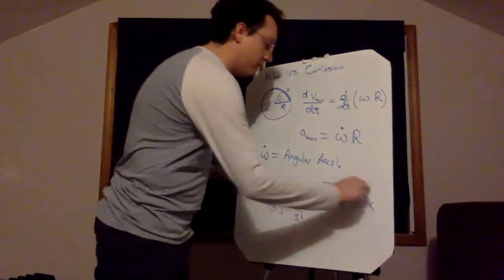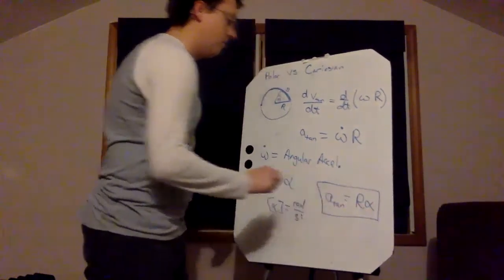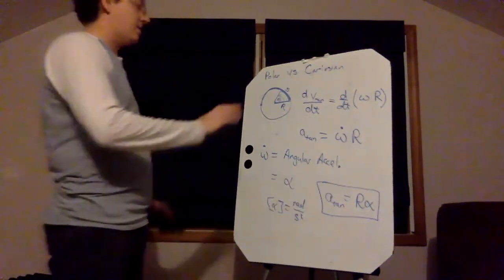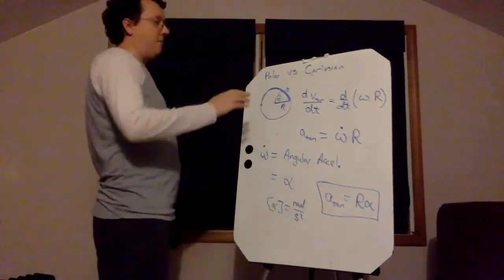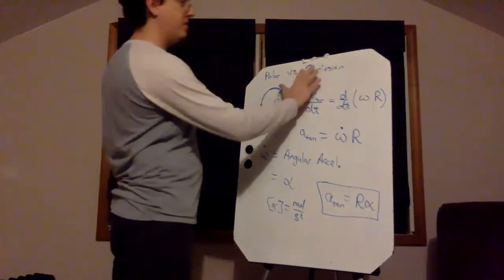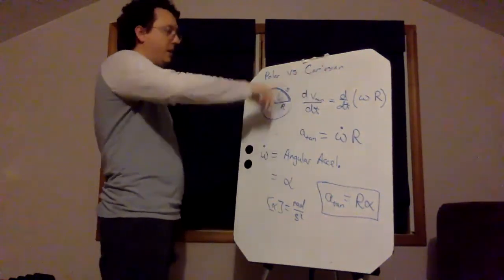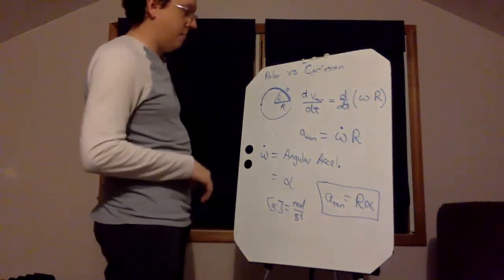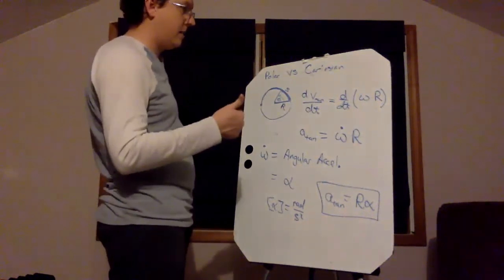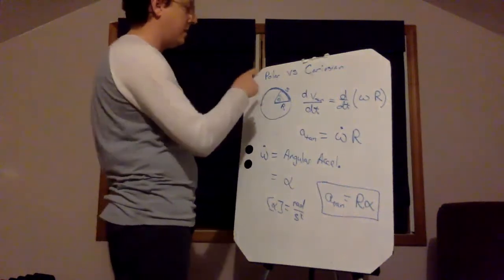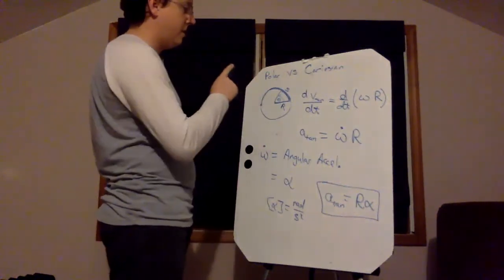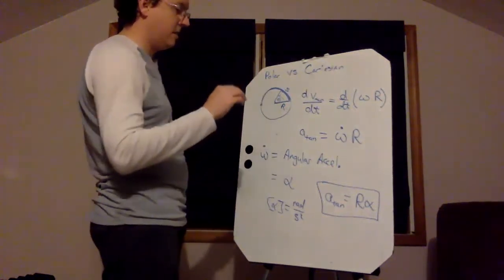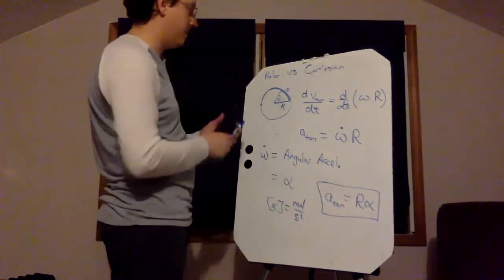And that's a good formula to know. This allows us to go back and forth between, I said Cartesian, I should have said linear, but that's okay, between linear quantities and rotational quantities. We have that S is R times theta, that velocity tangent is R times omega, and acceleration tangent is R times alpha.